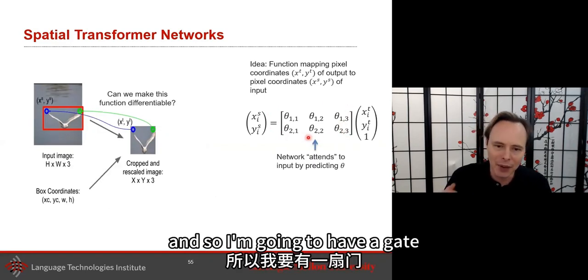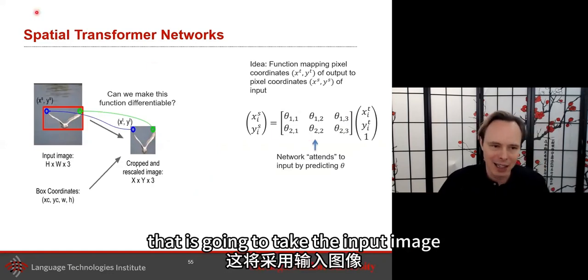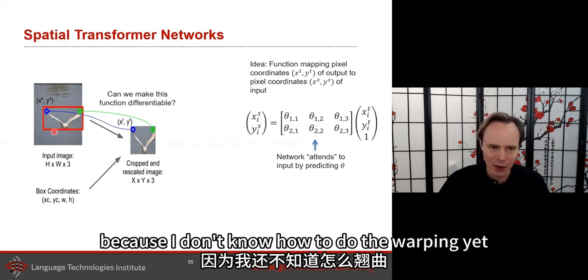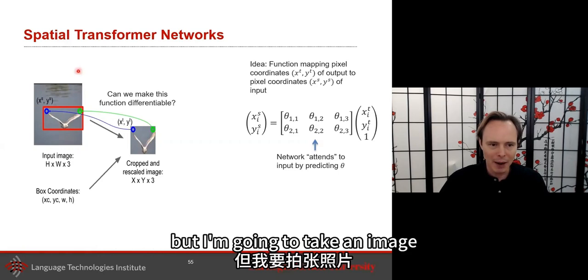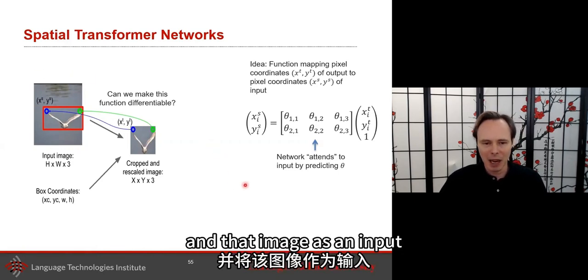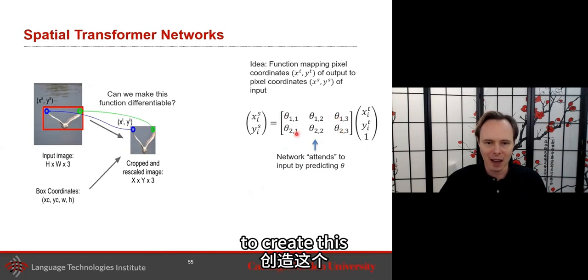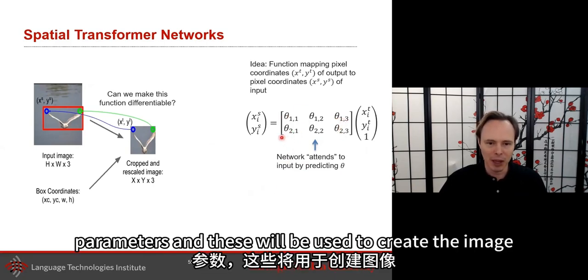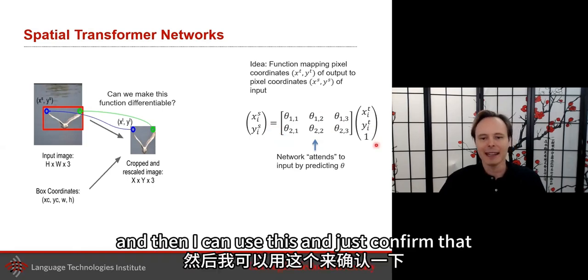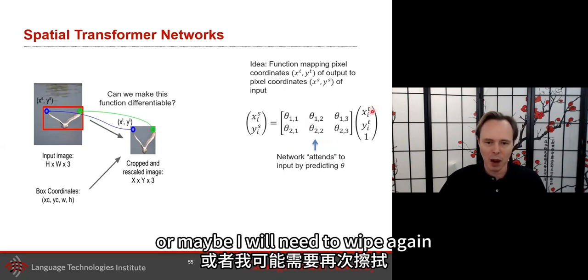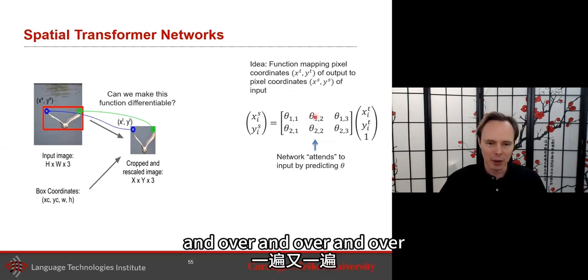And so I'm going to have a gate that is going to take the input image and not do the warping, because I don't know how to do the warping yet, but I'm going to take an image, and that image as an input goes to some kind of attention or gate to create these parameters, and these will be used to create the image. And then I can use this and just confirm that the attention was correct, or maybe I will need to warp again and over and over.